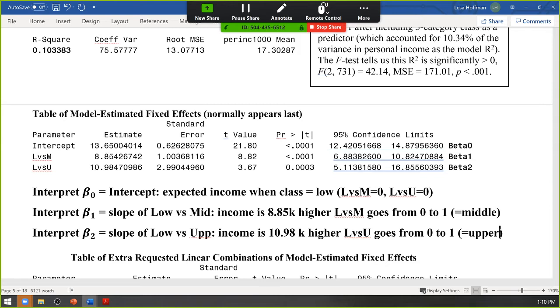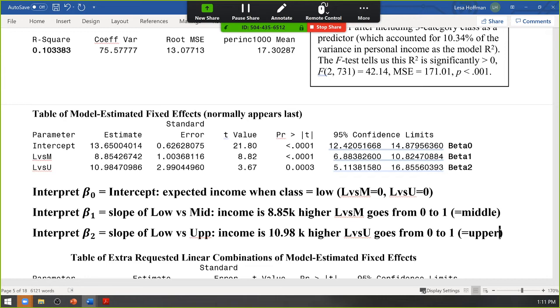So now we know what the low group's mean is supposed to be. That's from the fixed intercept, beta 0. We know how much different the middle group is supposed to be relative to low. Middle group makes significantly more money than the low group. And we know how much different the upper group is relative to low. They make about $11,000 more dollars, and that's significant.